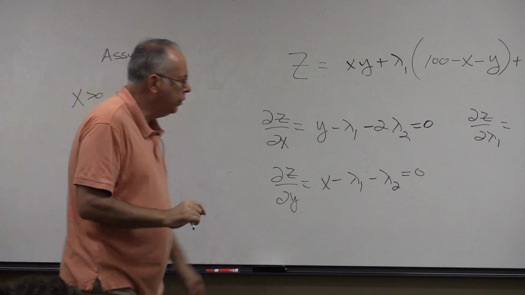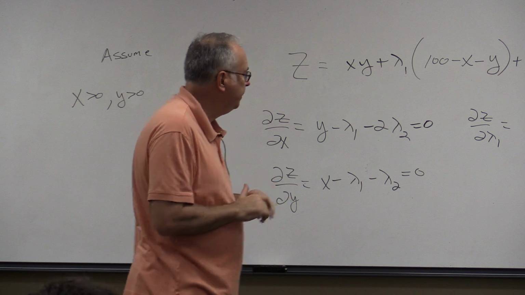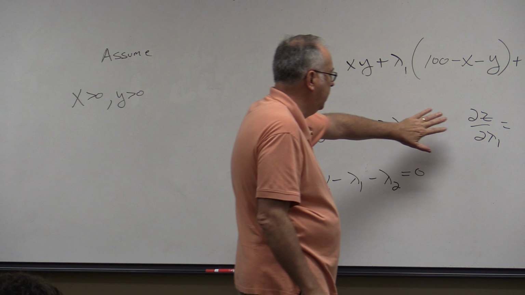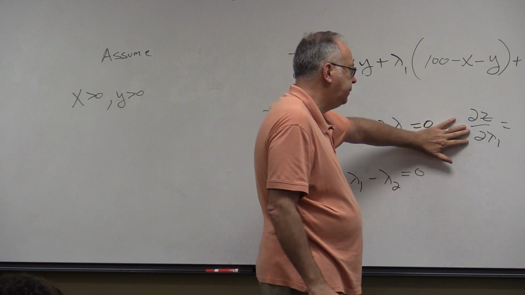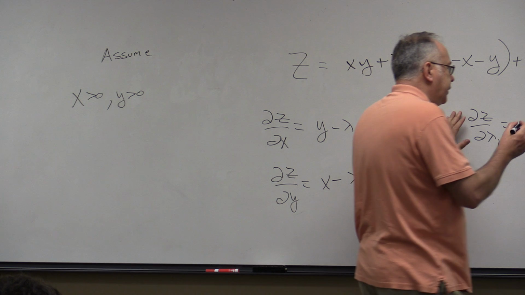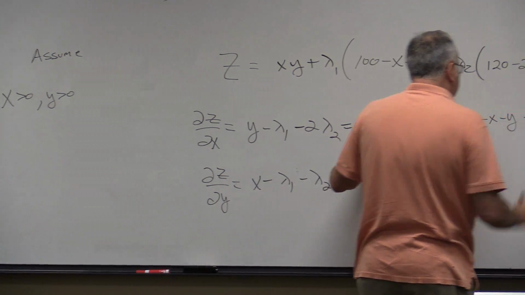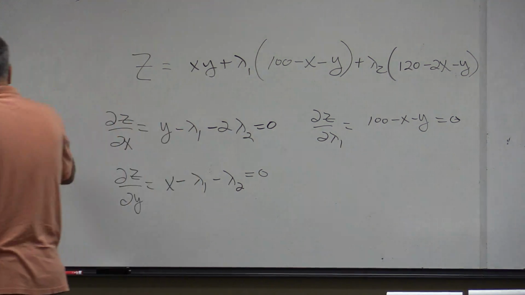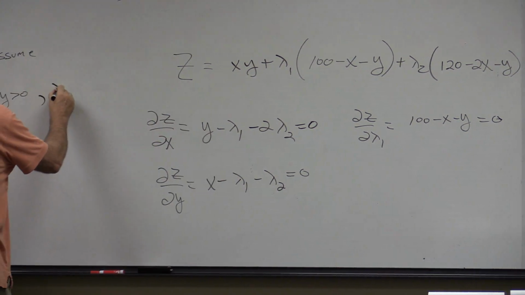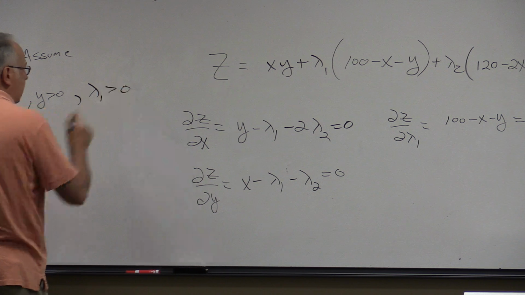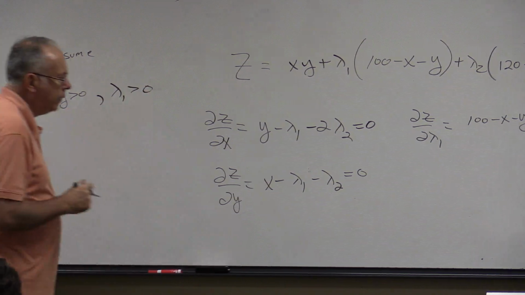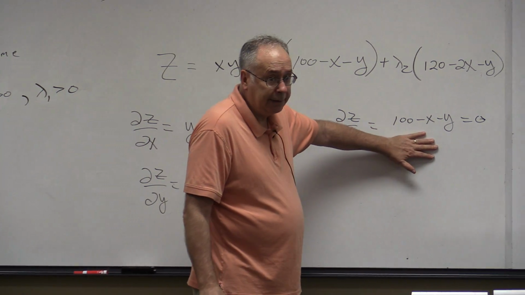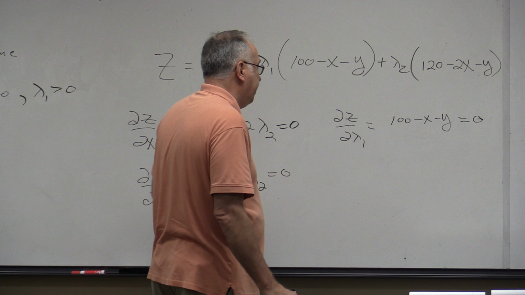If we want to assume that you're going to spend all your money, then what would that mean about this equation right here? We could set it equal to 0. So let's assume lambda 1 is positive. That would imply this. But this is a guess, and we may have to go back and change this.